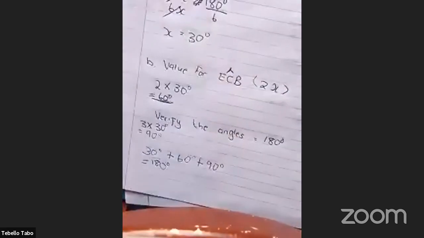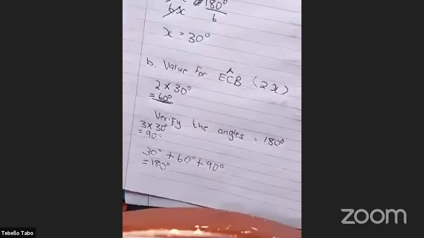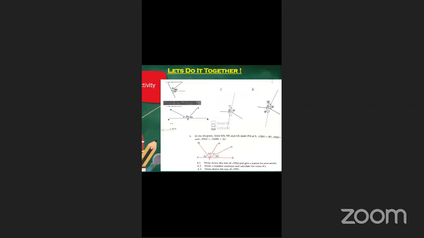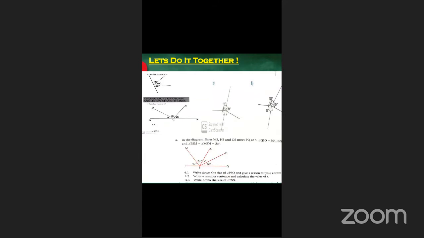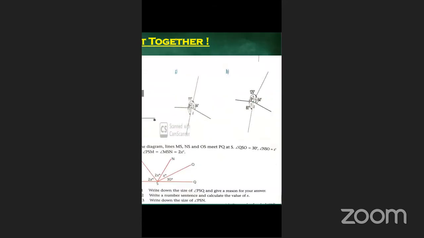So guys, do this question for about 3 minutes before we can continue. I love it when you guys participate and we do this together. Okay, so answer number G. Can you please answer number G?